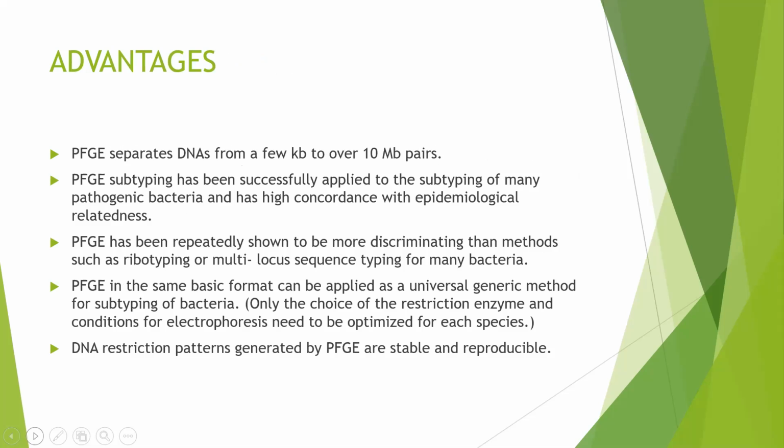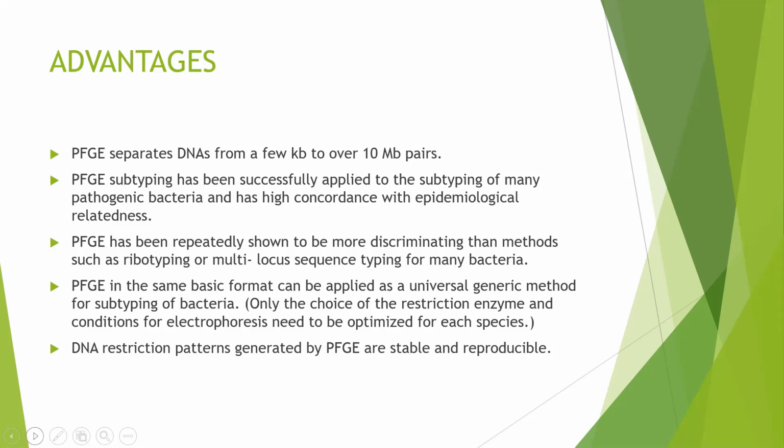There are some advantages of PFGE, as it separates DNA from a few kb to over 10 Mb. PFGE subtyping has been successfully applied to the subtyping of many pathogenic bacteria and has high concordance with epidemiological relatedness.